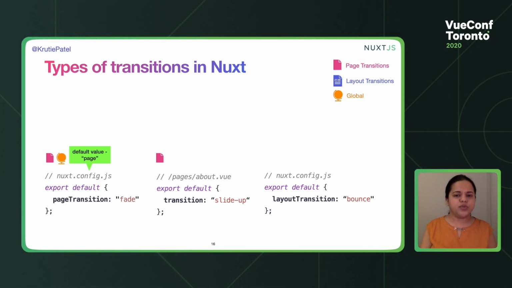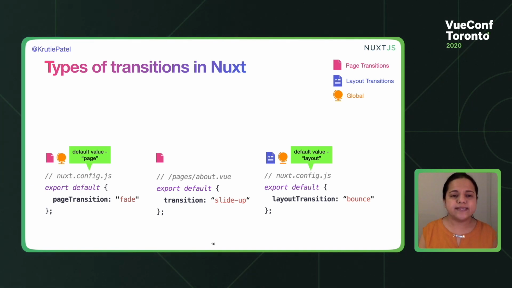The third option we have is the layout transitions. Now, layout transitions are global in nature, and they also have the default value of layout. So make sure you have a layout transition defined in your global CSS, and you will be able to see the layout transition in action when you change layouts.